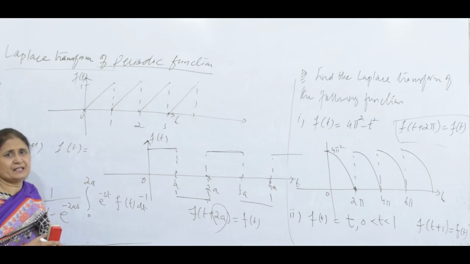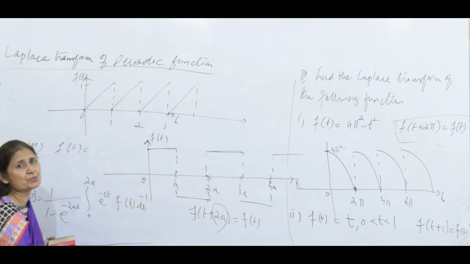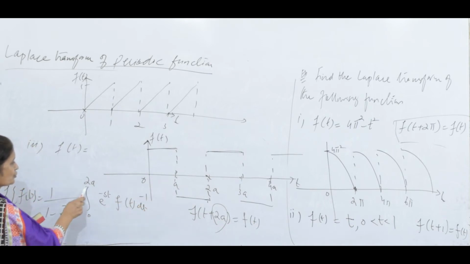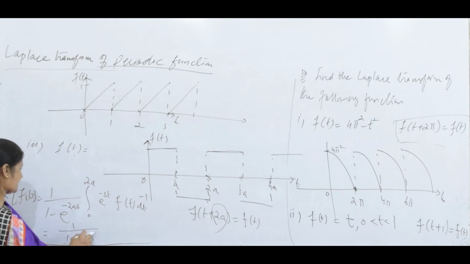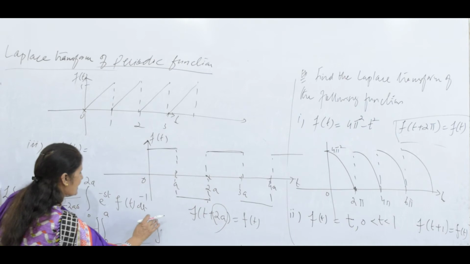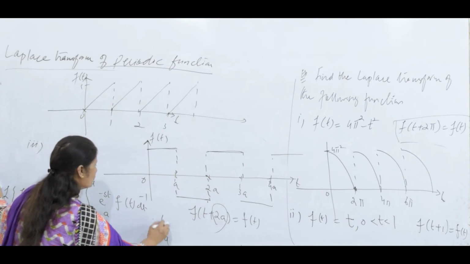Now in this diagram, which is a piecewise continuous function, because there is a jump discontinuity, from 0 to 2a you have to split up. So how would you split up? 1 over 1 minus e to the power minus 2as, 0 to a, then plus a to 2a.